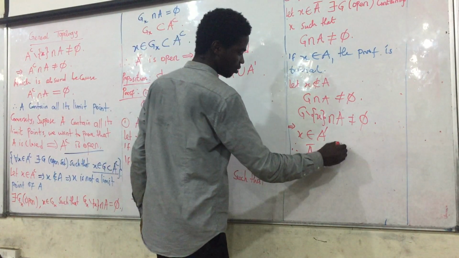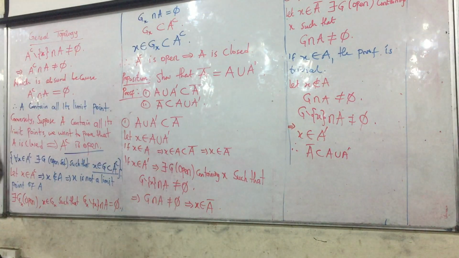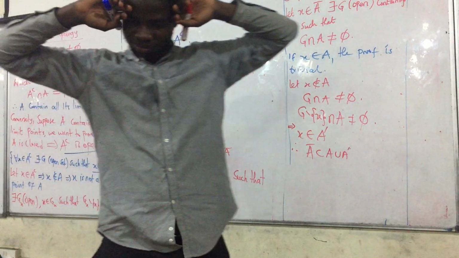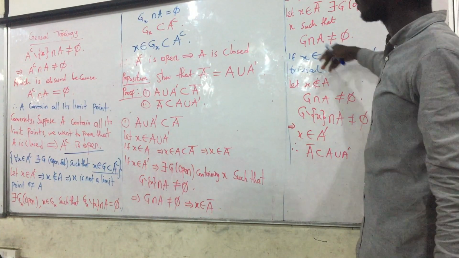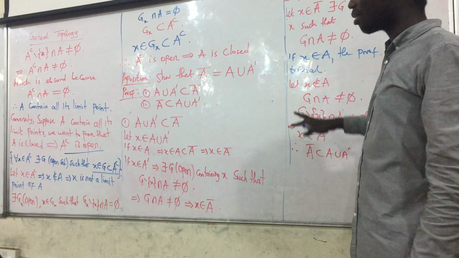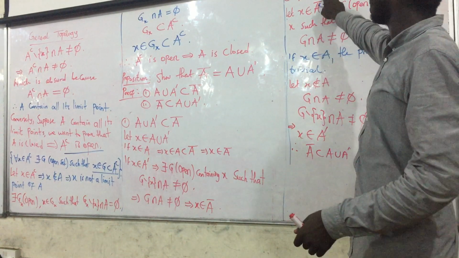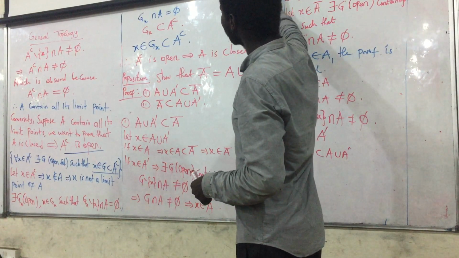I don't understand those two conditions. Like you said, let S not belong to A. If I don't want to talk about this, I could have started and said, without loss of generality, let S not belong to A. Because if S is in A, it's obviously inside this one now.